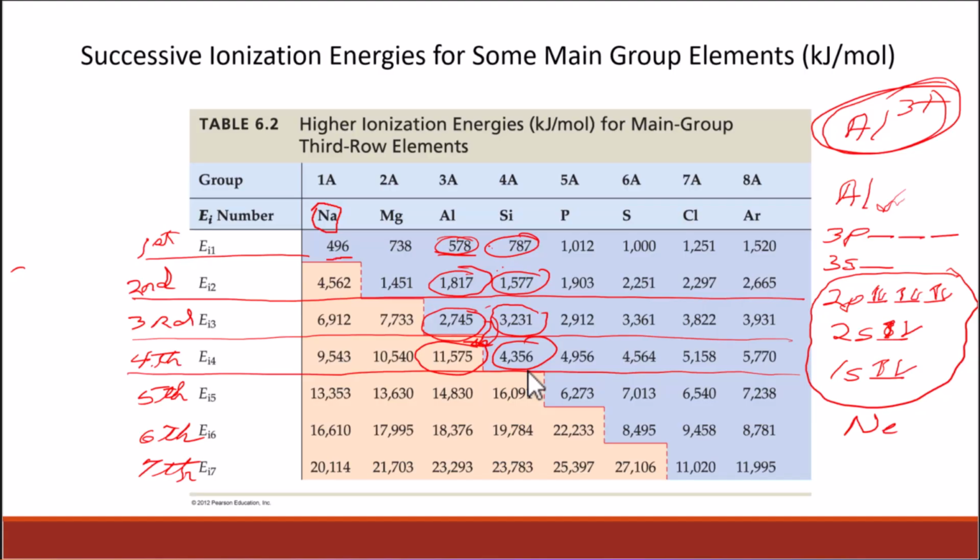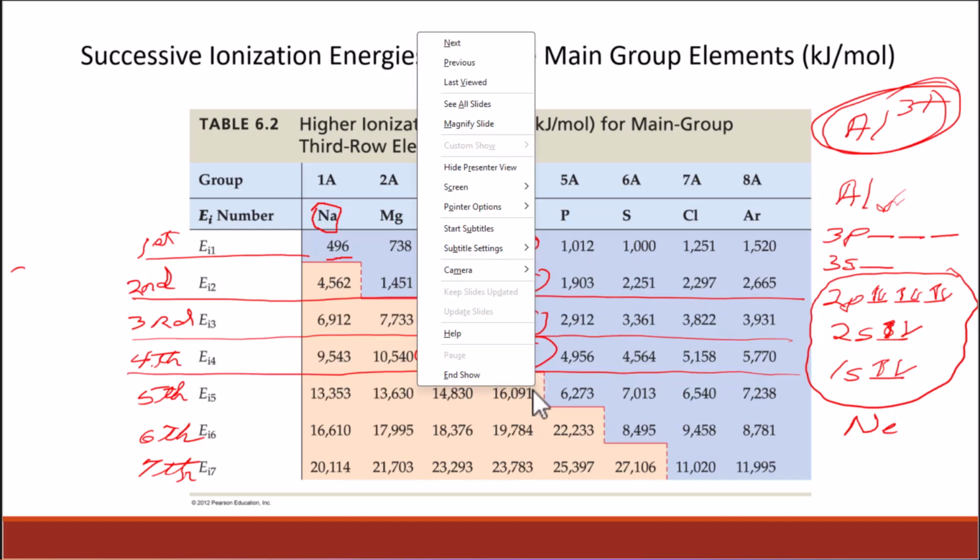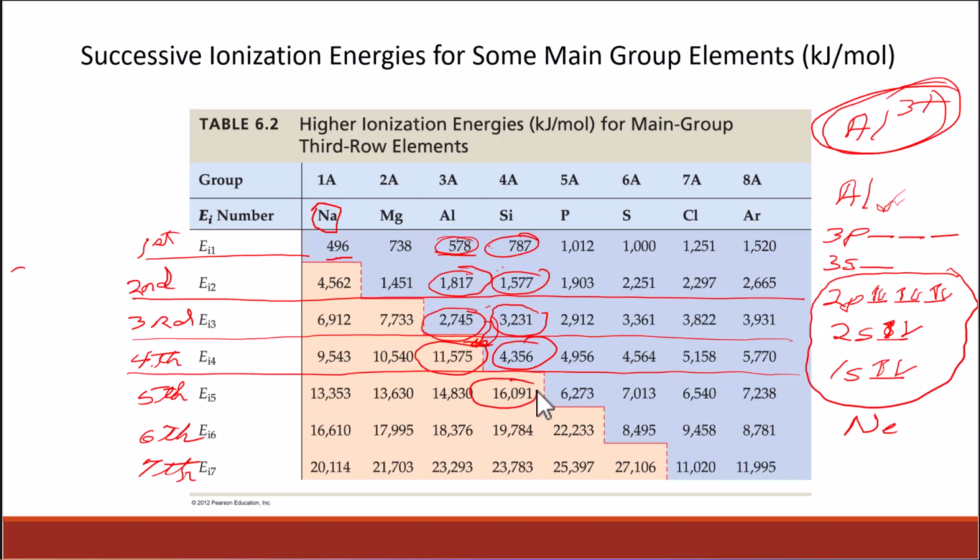But once you've done that, now you're back to neon's electron configuration, and the amount of energy required to remove an electron from an electron configuration as stable as neon's, the filled shell, is just too hard. And so you get this huge jump in ionization energy. So you're going to want to look for that on a test.